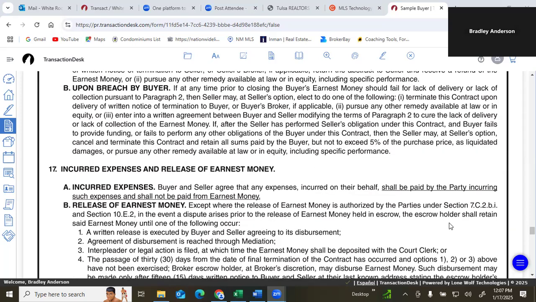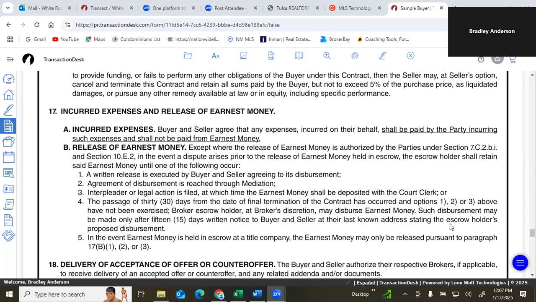Okay. Paragraph 17, incurred expenses. Buyer and seller agree that any expenses incurred on their behalf shall be paid by the party incurring such expenses and shall not be paid from the earnest money. And then it goes on to say, well, what about the release of earnest money?